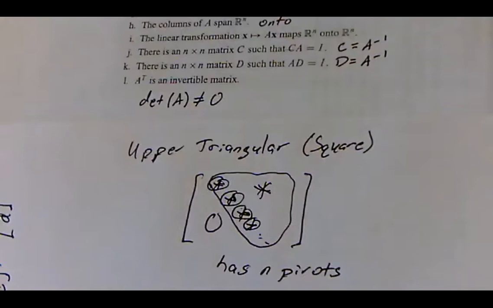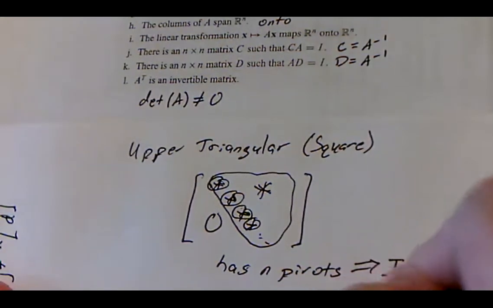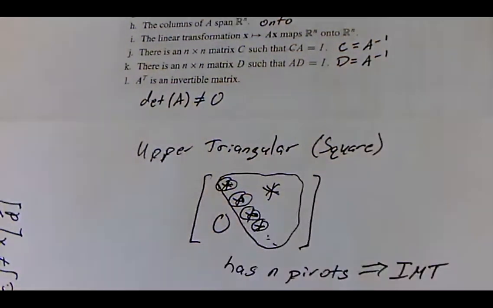Because there's no way I can multiply something and get the identity out without that thing having to have different dimensions, and I won't be able to switch it around. There's no guarantees that you could multiply something and get the identity matrix unless they are both square. So if you have an upper triangular square matrix, you have n pivots. If you have n pivots, you get the whole thing, right? That gets you the whole thing. So upper triangular is really a nice format that helps us, okay?